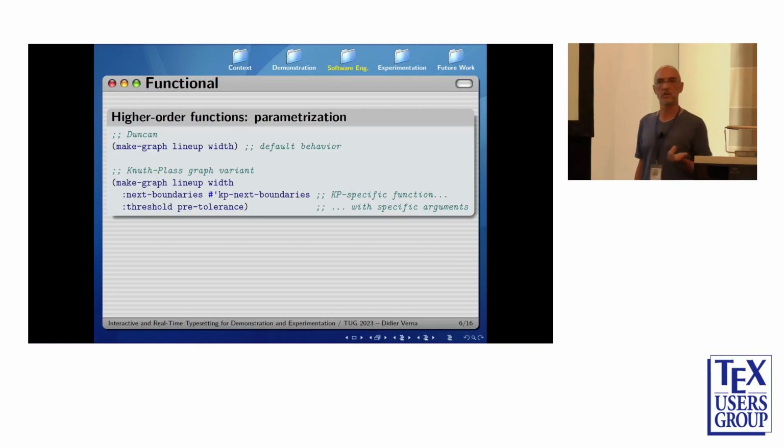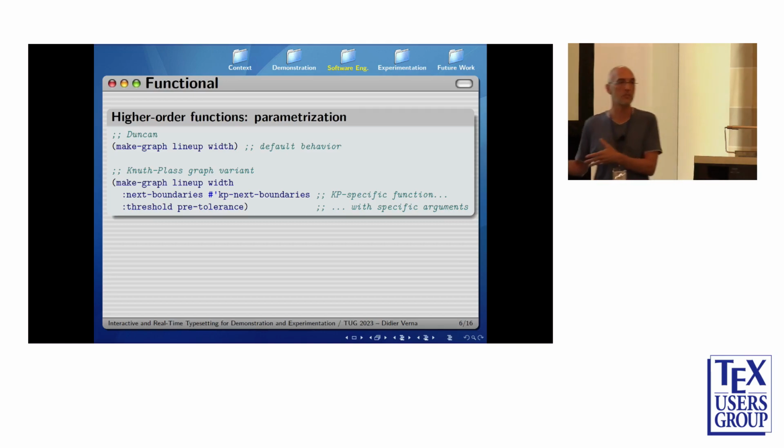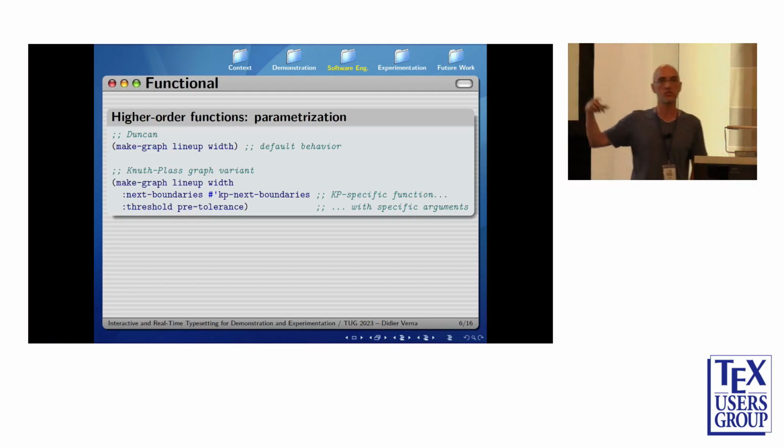So it would be completely silly to duplicate the makeGraph function just for the case of the Knuth-Plass algorithm. Instead, what you can do, and this is happening here, is parameterize the code which computes the next possible breakpoints given a specific position in the line-up. If you implement that through a function, then you can pass that function as an argument.